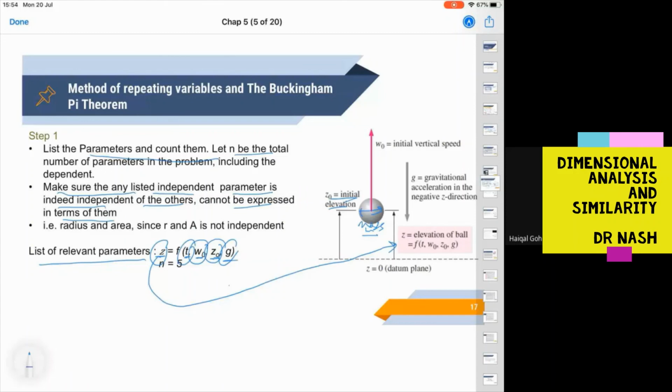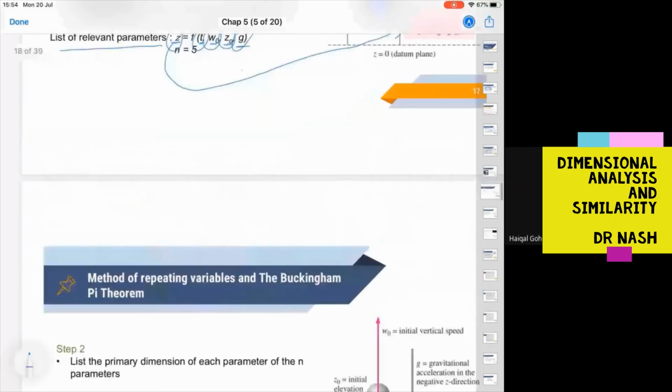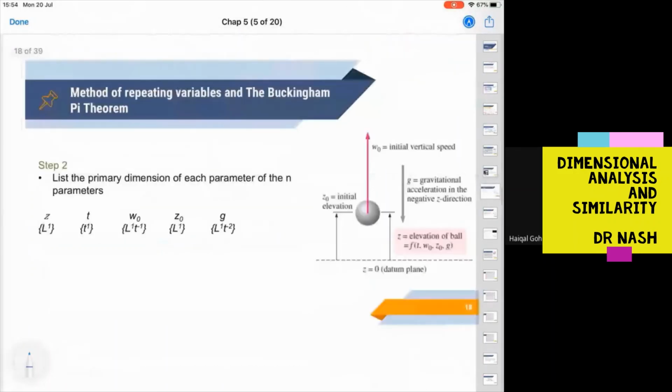Okay, and then after that we list down the dimensions of all the parameters. For Z, definitely L1. Ingat L apa? L adalah length, meter, kan? Okay, T adalah time, T1. Tadi saya cakap awal-awal tadi lowercase t tak guna kan? Okay, I was wrong during that time.